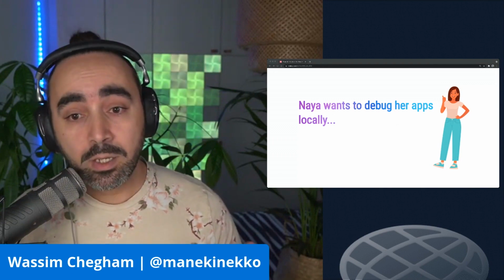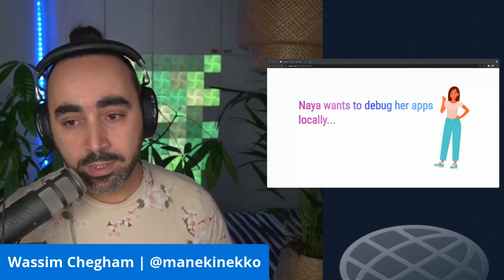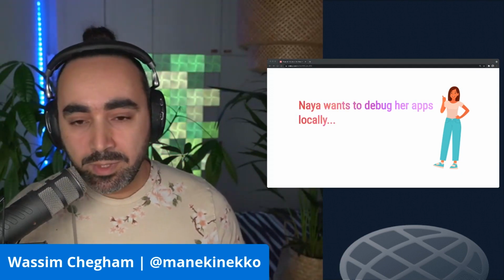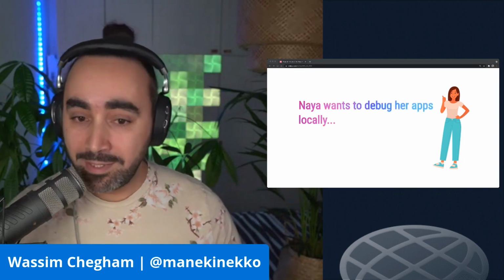So Naya and her team also have already deployed their app on Azure Static Web Apps, and the experience was pretty good so far. However, as Naya keeps adding new features and fixing bugs, she wants to be able to debug her app locally using the dev server and tooling that come with her modern JavaScript dev setup. And because Naya is used to that faster developer feedback loop, preventing her from that feedback loop could potentially drop her productivity.